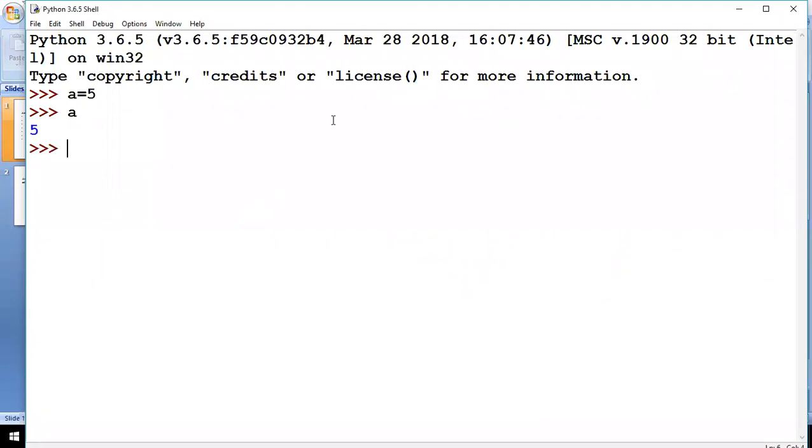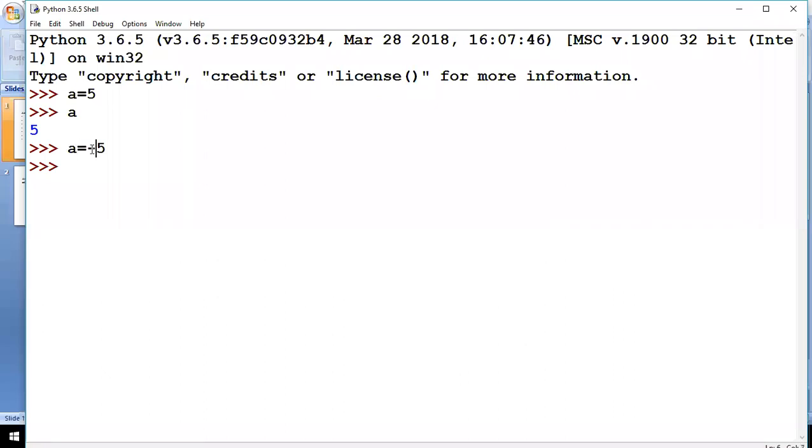It means it will display 5. So that means it is a unary plus, means without sign, like here 5 is written only, that means this is a positive 5. Or if I am writing a equals to minus 5, that means this is a unary negative, unary minus. Unary minus means it works on a single variable. Here the variable is a, so one operand is given, that means unary operator.